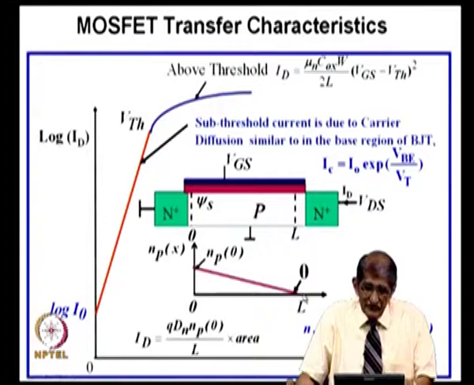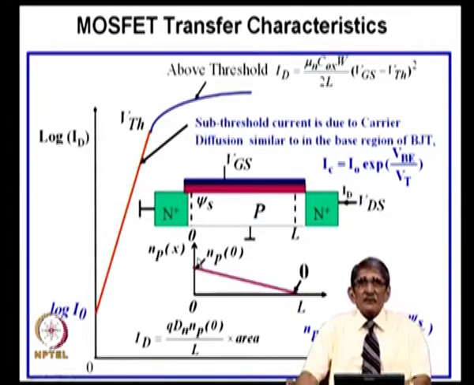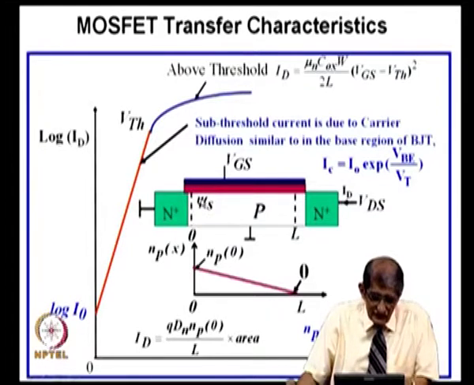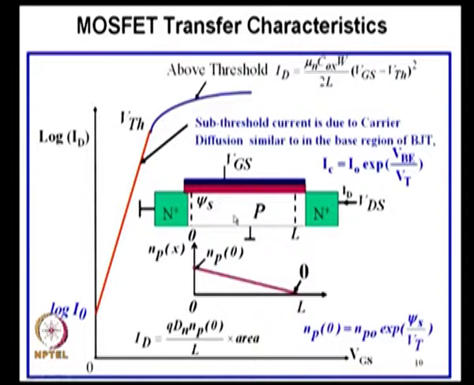The carrier concentration is NP0, and this is the boundary condition of a junction. So, NP0 will be related to the minority carrier concentration in the P region. That is the minority carrier concentration under thermal equilibrium condition, into exponential of whatever forward bias potential is there across the junction divided by kT by q. Vt is kT by q, the thermal voltage.